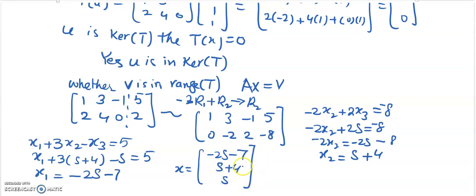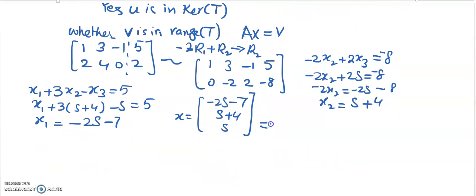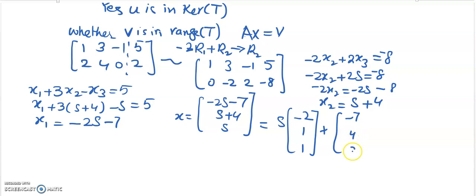Okay, so this solution vector can also be written like this. If we take s as common, it will be s times the column minus 2, 1, 1, plus the column minus 7, 4, 0. So since we can see that this system is a consistent system, it has a general solution.